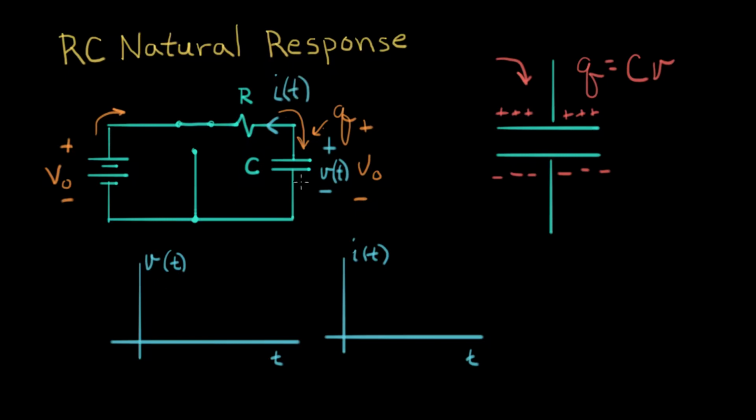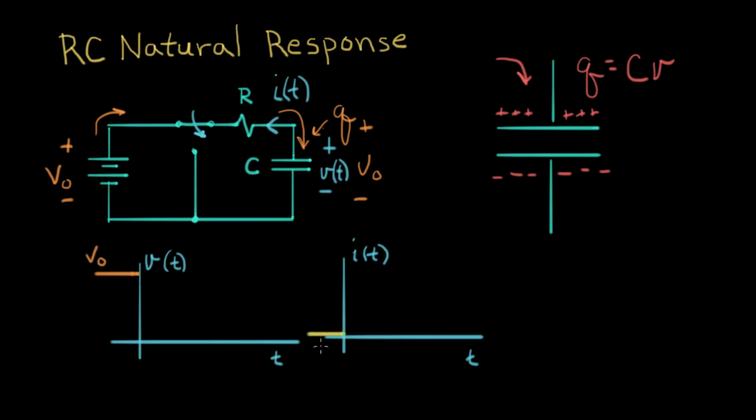At the beginning, before I throw the switch, we have V naught on the capacitor, and we have I of t equal to 0. So before time equals 0, this is equal to V naught, and this current down here is 0.